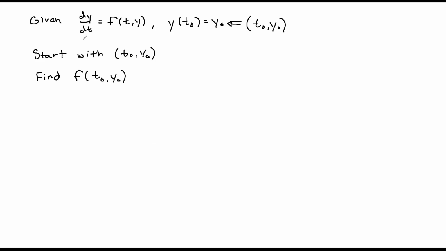And y is the solution to the differential equation. Did you catch that? So dy/dt equals f of t, y. dy/dt is the derivative, in the normal derivative format. It's the derivative of the function y, and the function y is the solution to the differential equation. So it's the slope of the solution to the differential equation, y. And so we can find the slope by just taking points and plugging them into this f of t, y, and that's what we've done. So we start off with the point t naught, y naught. We find the slope there. So this is the slope.